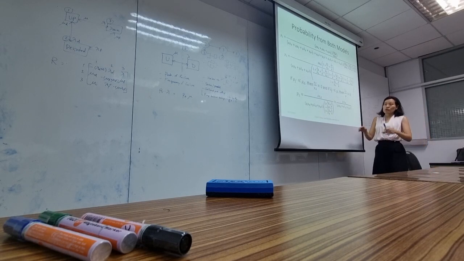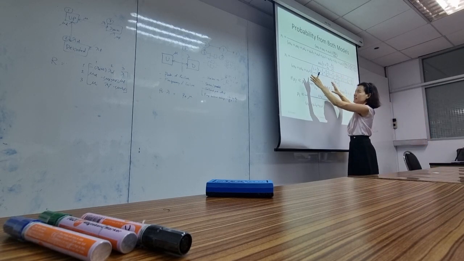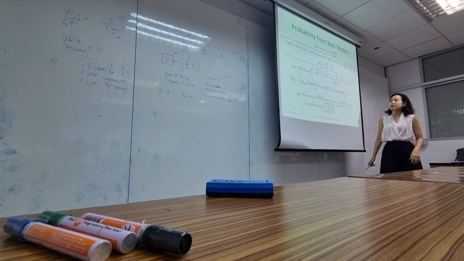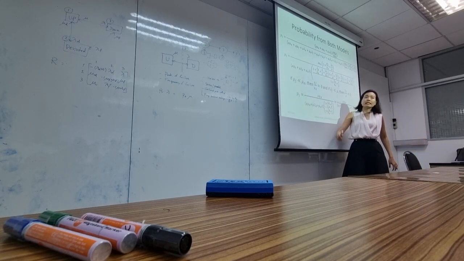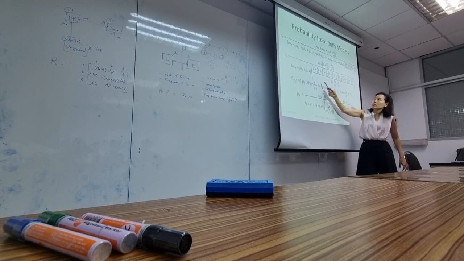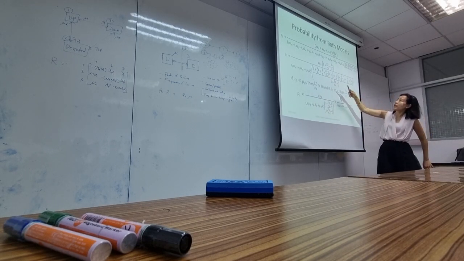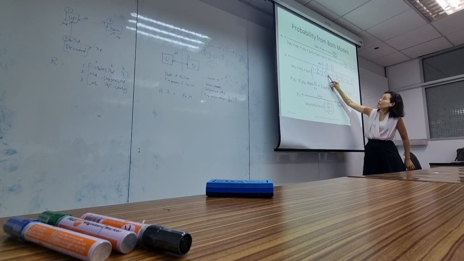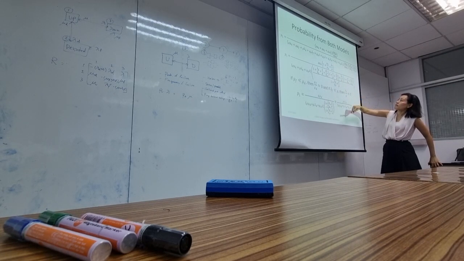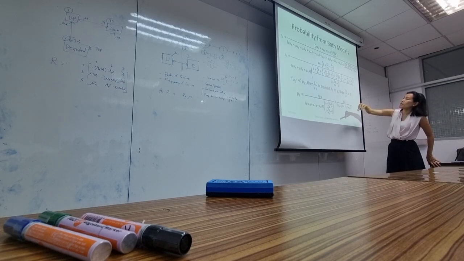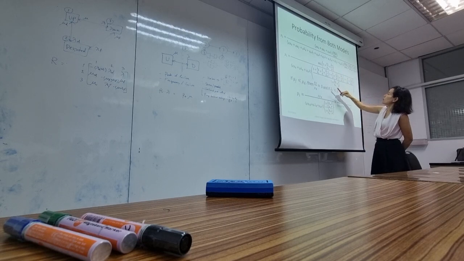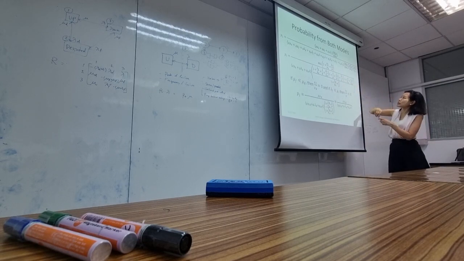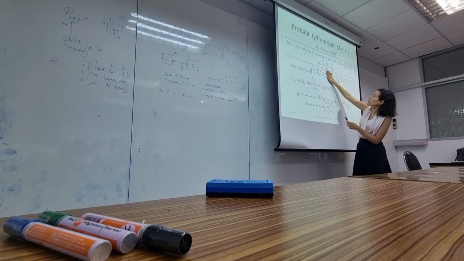Reformatting the equations, what we found out is that if mu f is much less than mu d, then mu f over mu d also goes to 0. And if lambda f is much less than mu, then lambda f over mu also goes to 0.